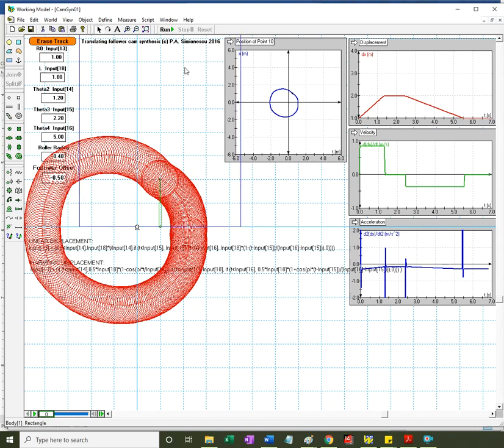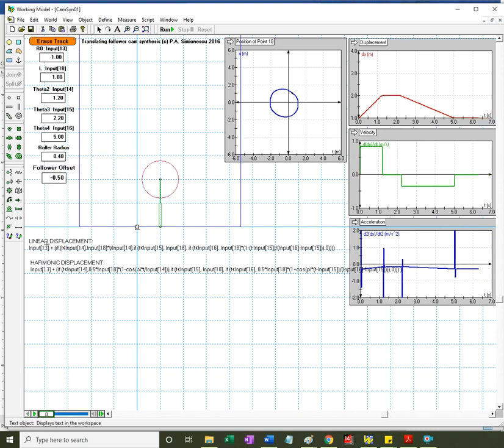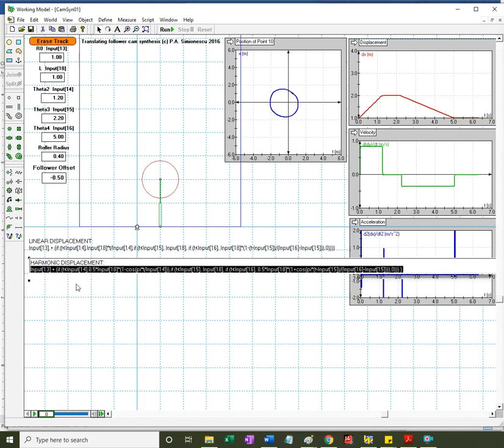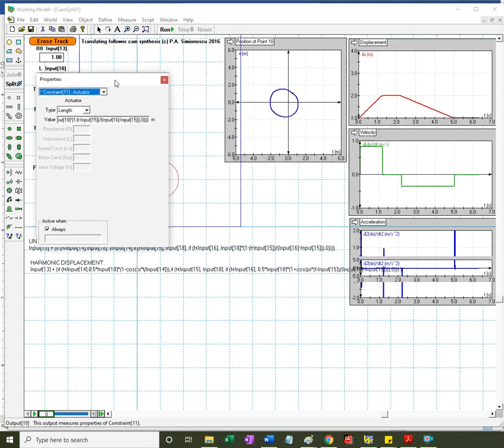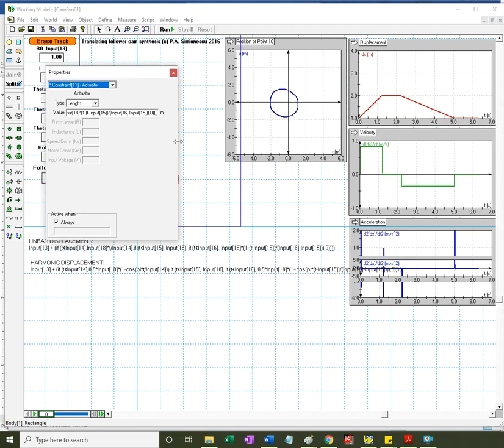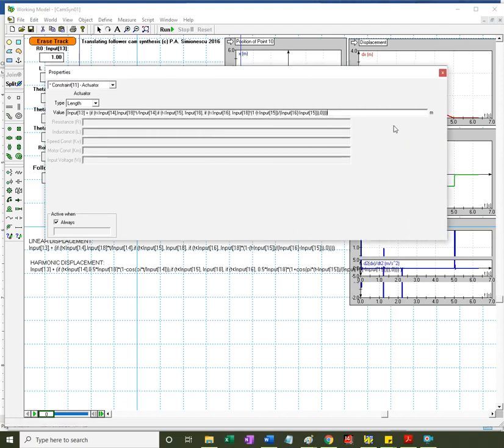Okay, so I'm going to change now to a different motion. I'm going to take this, just copy this, and I'm going to go to the actuator, and this is the long equation here, which is the first of the equations, corresponding linear displacement, and replace it.